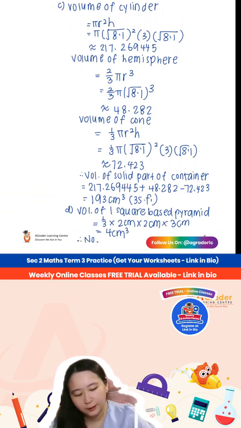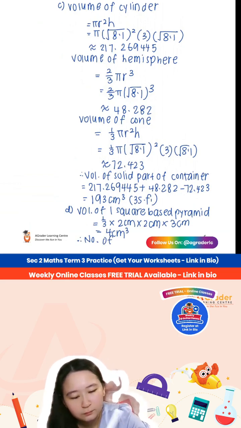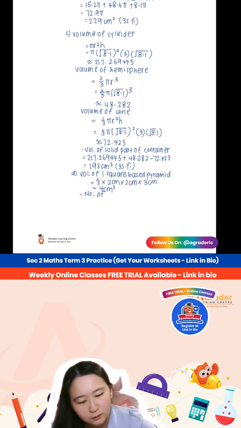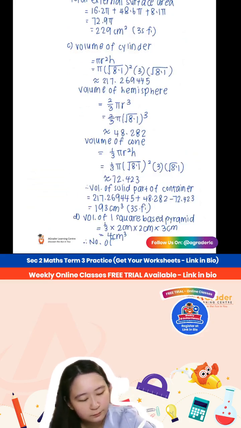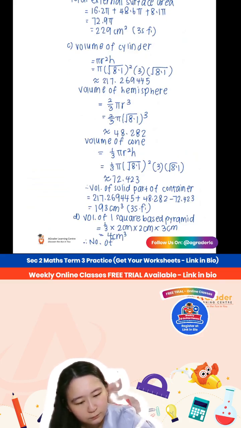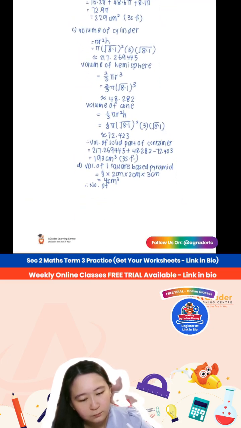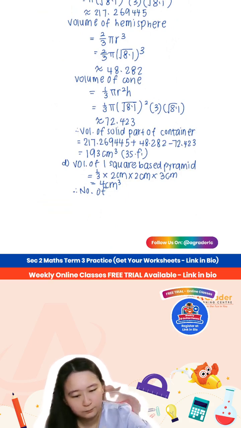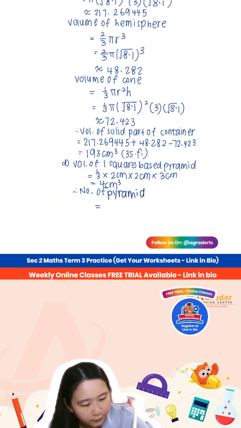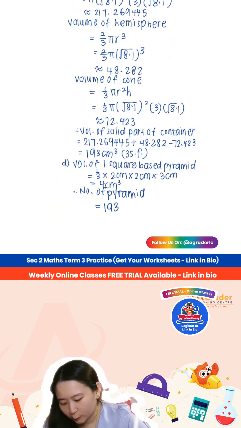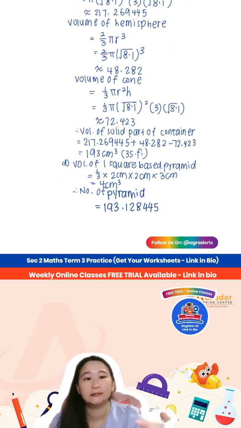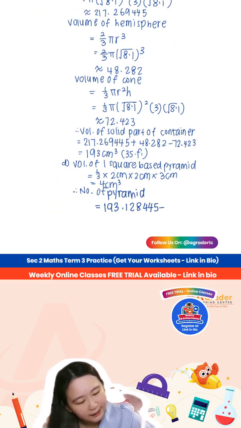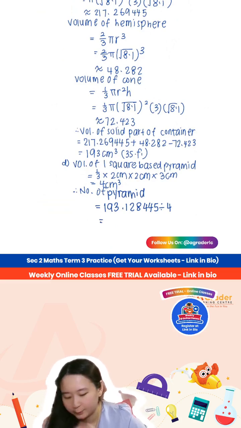Therefore, the number of pyramids will be: we take the volume 193.128445, which is the answer just now in part C. Use the more exact form or more significant figures, then divide by 4 cm cube, which is the volume of one pyramid.